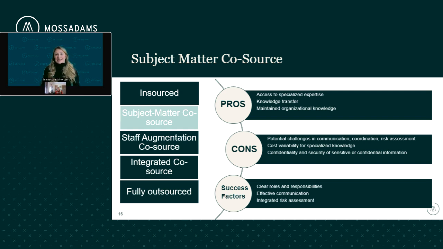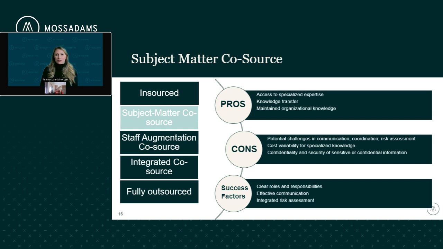What's nice about this model is that it allows your institution to bring in external specialists that have very deep knowledge about a specific subject area, and that enhances the overall quality of the audit and the results, as well as the recommendations and the resources that could be provided to help your institution implement those recommendations.